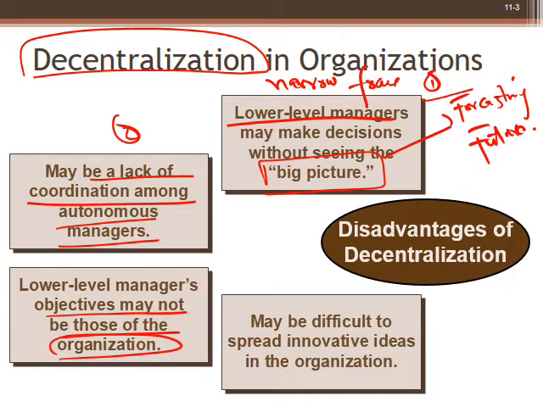Since we already discussed the agency problem, managers may try to increase their own salaries and their own compensation. Managers are employed by the board of directors, and the company belongs to the shareholders.